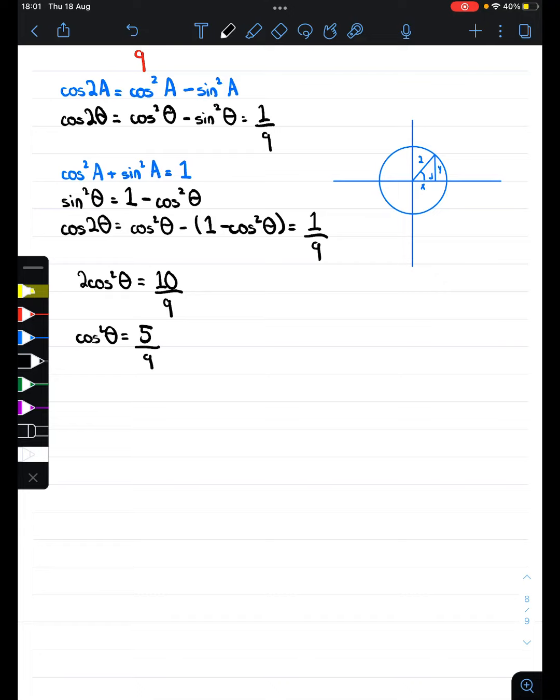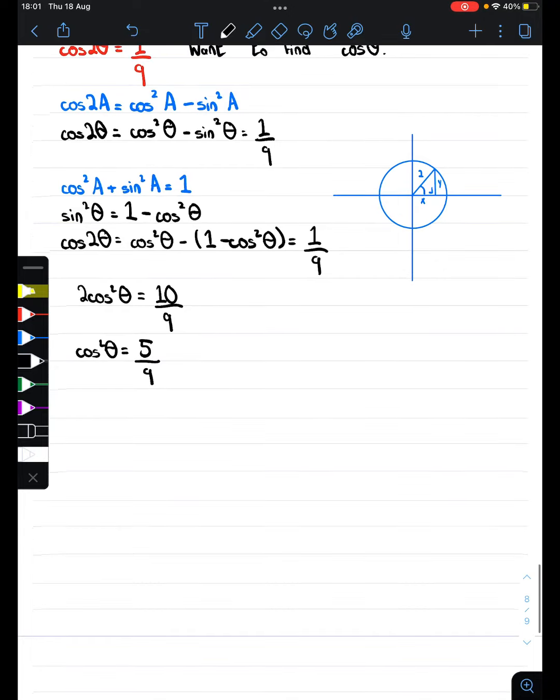So we have cosine squared of theta, and we're looking for cosine of theta. So we're just going to take the square root of both sides, and we get that cosine of theta equals plus minus, because it's a square root, the square root of 5 over 9.